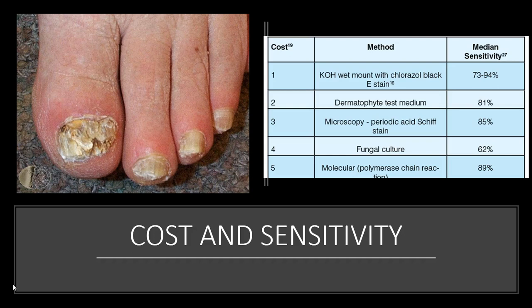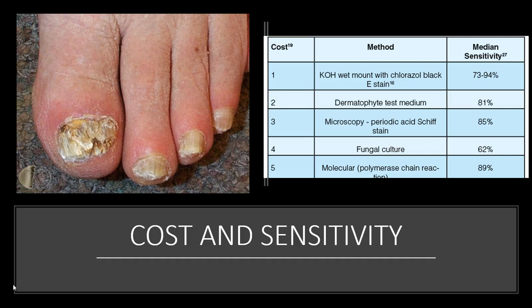So in looking at cost versus sensitivity, I think we have to take that into account so that while certain tests, such as molecular testing, are extremely sensitive, we also have considerable cost associated with that. Fungal cultures are a bit less expensive.